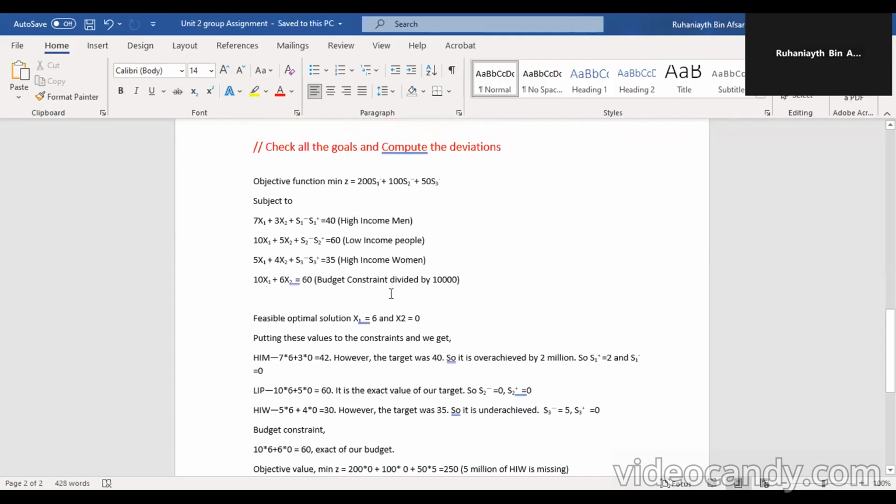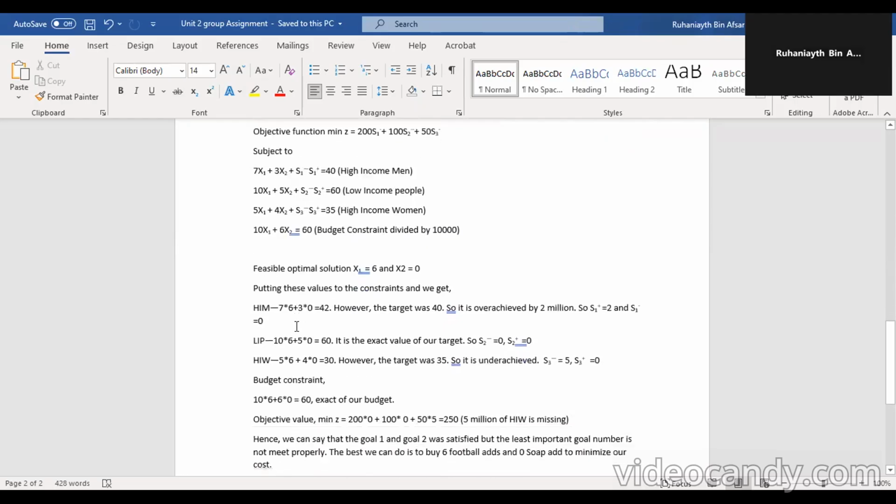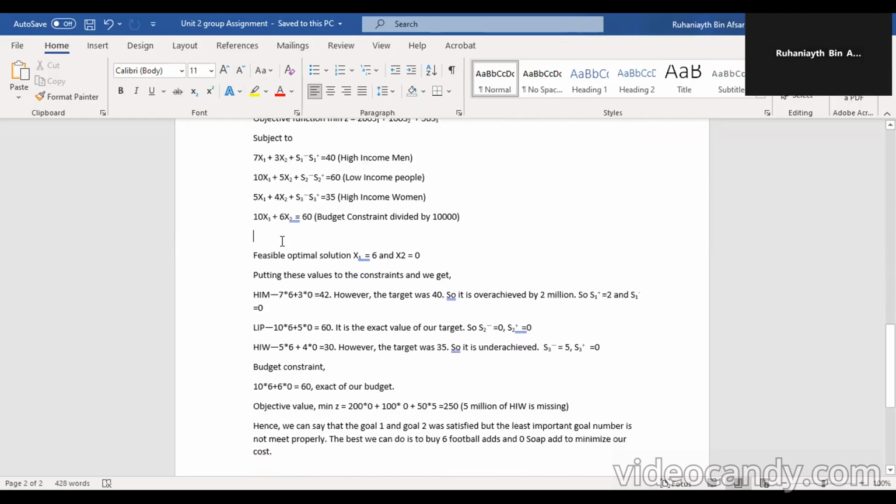So first, we write the whole summary, which we have to check. So the objective function and the constraints, there are four constraints. We have to see if all the constraints are satisfied or not. From the last section, we got the feasible optimal solution of x1 and x2 by doing the graphical solution, of course, which is x1 equal to 6 and x2 equal to 0.